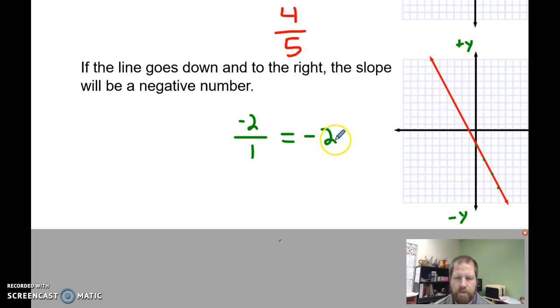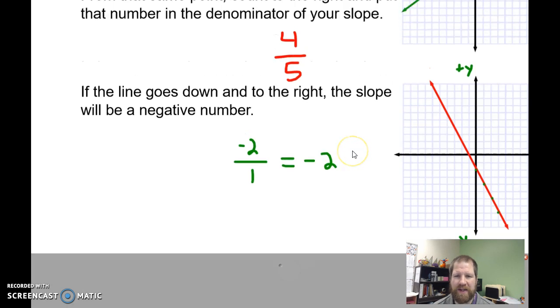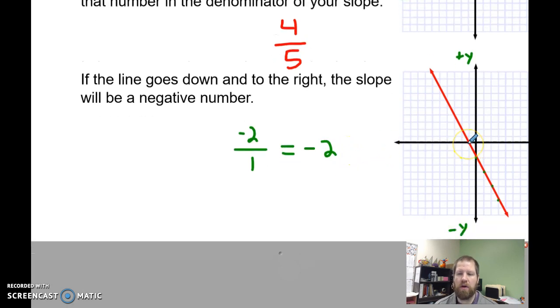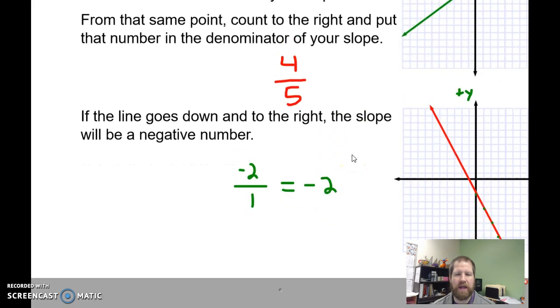The reason I say to always start with the leftmost point, this one over here, instead of starting here and coming backwards, is if you start at the leftmost point, sometimes you're still going to get a negative slope, and that's fine, because sometimes the slope will be negative, but you're never going to get a negative over a negative.